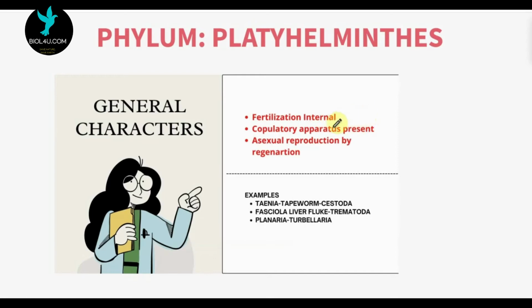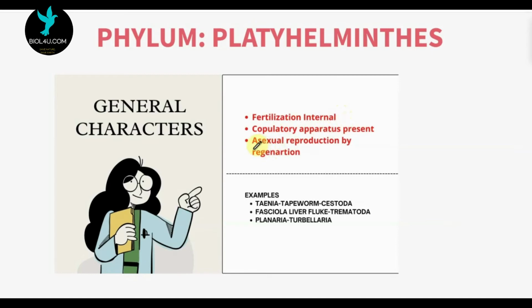So cross fertilization is the possible method. So for cross fertilization, the copulatory apparatus is required to inject the sperm into another worm. So from one worm, the sperm is injected into another worm. For that, the copulatory apparatus is essential. That is present in this animal.